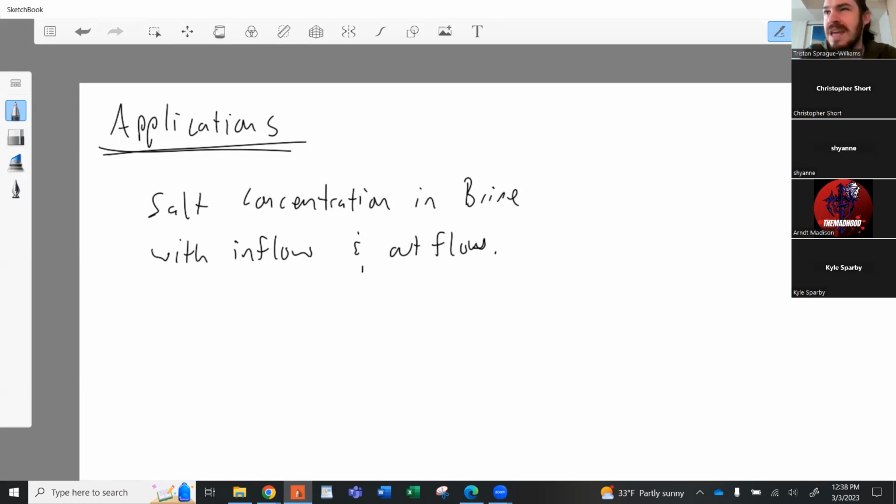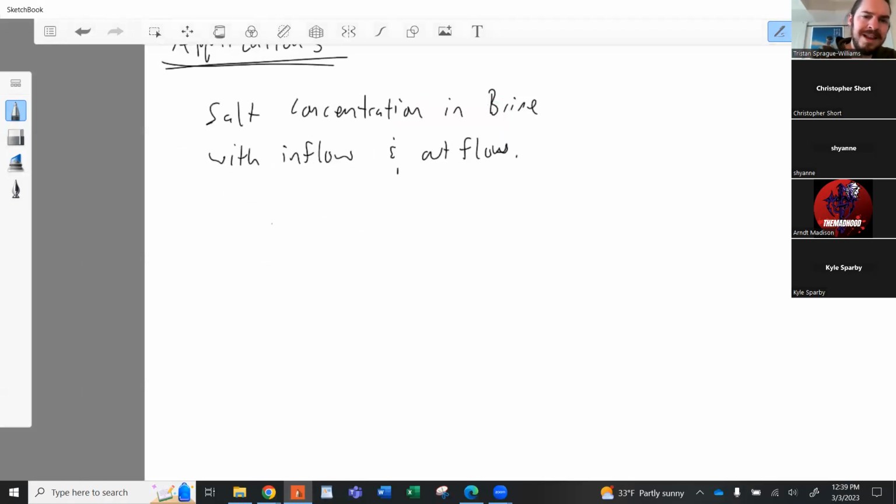You've got some sort of inflow of solutions and then some sort of outflow after mixing. And you've got to carefully control the concentration of things. This is, by the way, well, let me lay out the problem, and I'll tell you what this reminds me of.